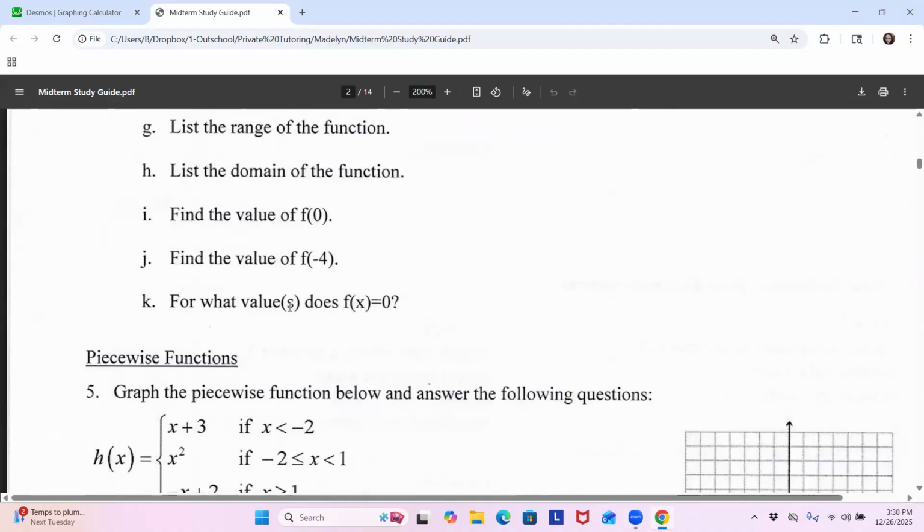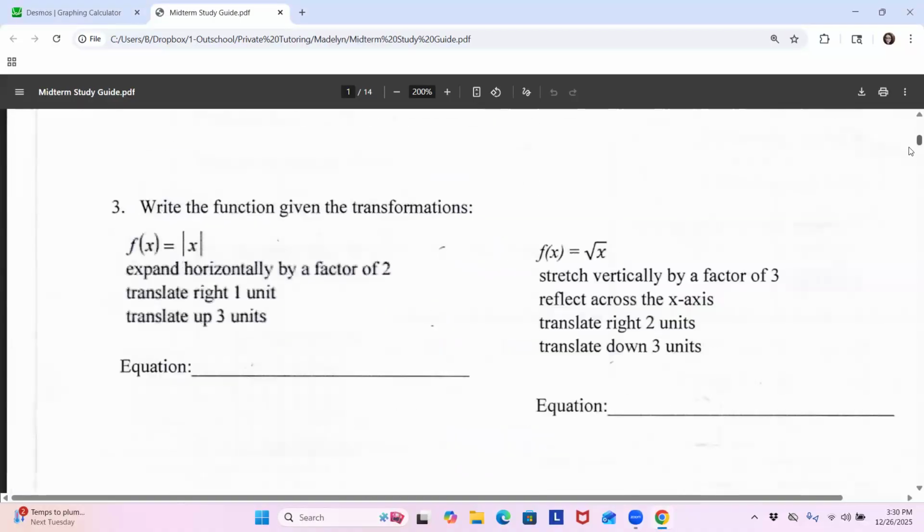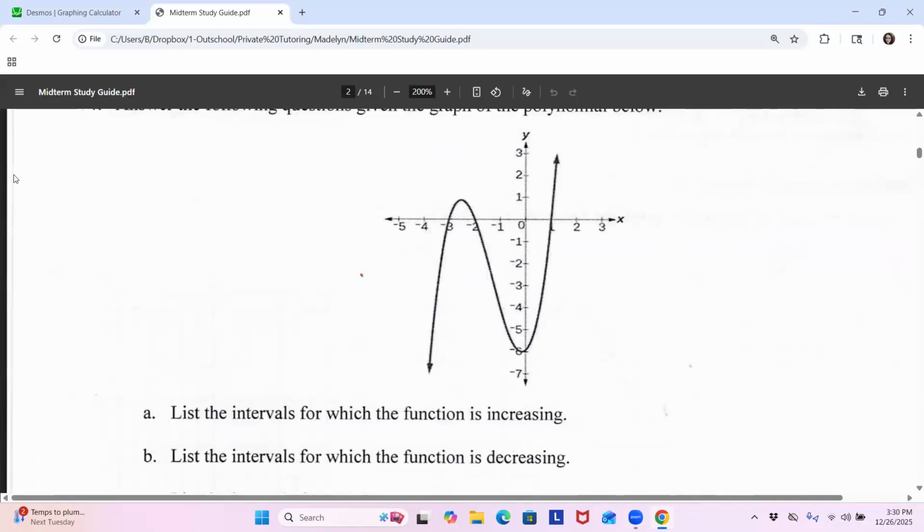For what value or values does f of x equal 0? So when is y 0? So this is the last question. F of x equals 0 for what values or value? Right here, right here, and right there.